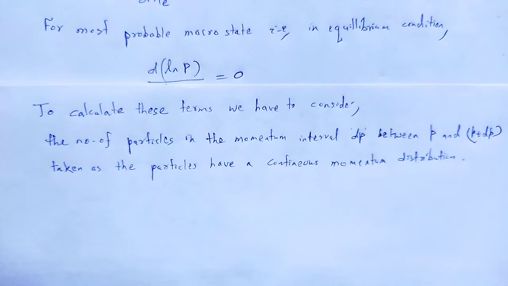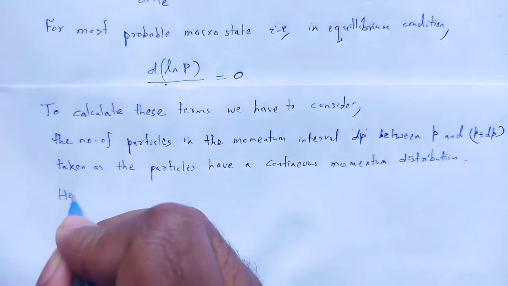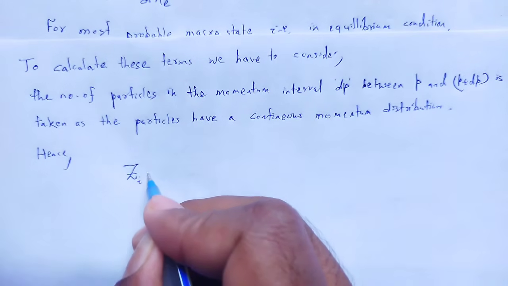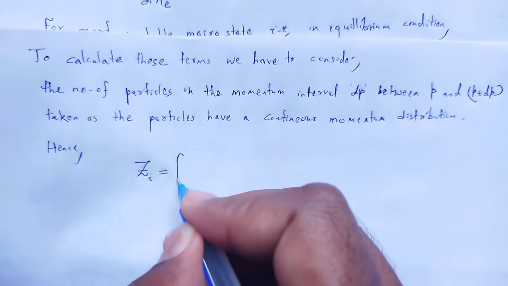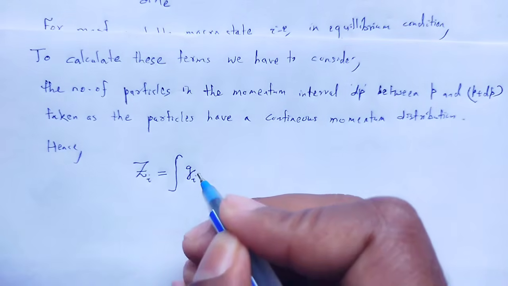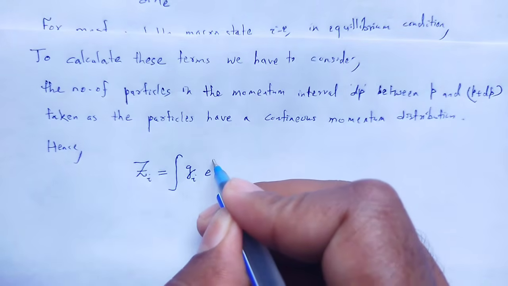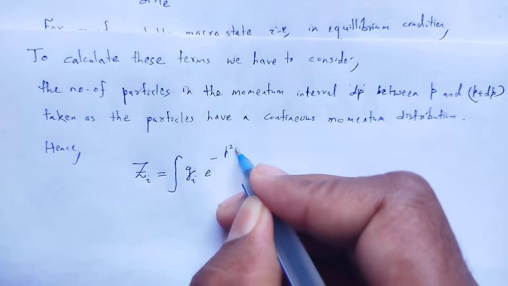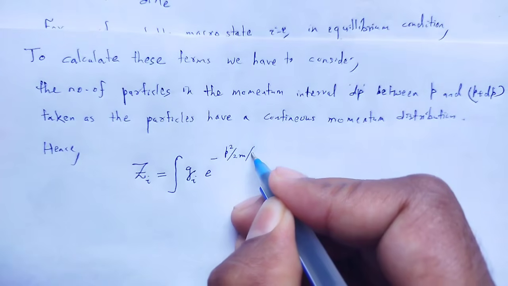Hence Z for I, Zi, that is integration over gi e to the power minus, for kinetic energy it is p square divided by 2m divided by kBT.